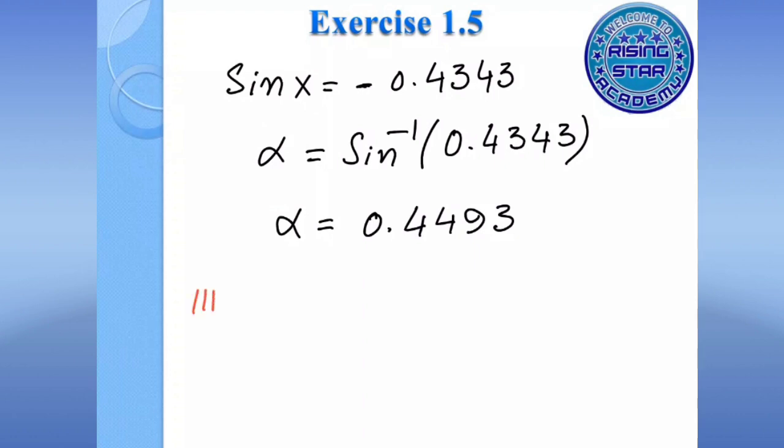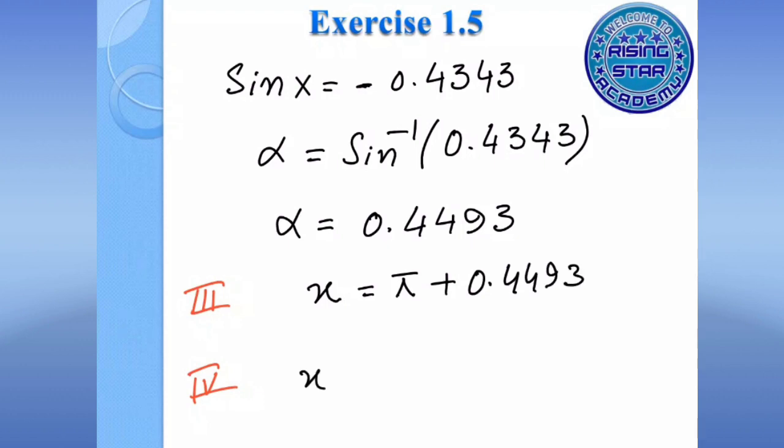Here we have third quadrant, here we have fourth quadrant. So for the third quadrant we will write x is equal to pi plus 0.4493, and for the fourth quadrant we will write 2 pi minus 0.4493.